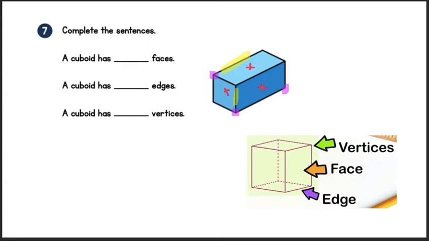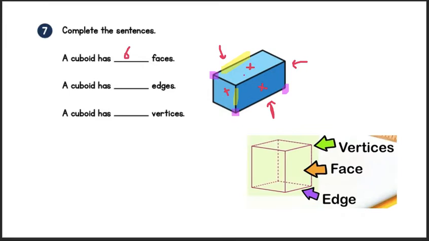But the important thing that you need to remember is that there are some hidden sides to this shape that you can't see. So there would be a side hidden over here, and a side hidden over here, and also a side hidden at the bottom. So once you have that information, hopefully, once you've counted them up, you will know that a cuboid has 6 faces.